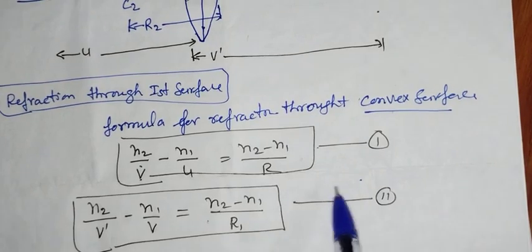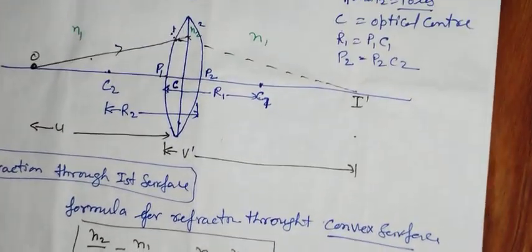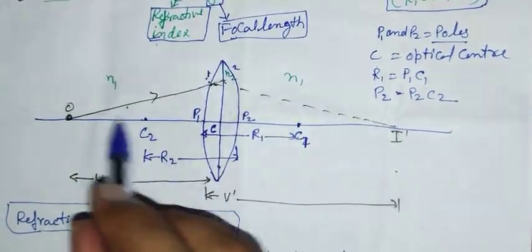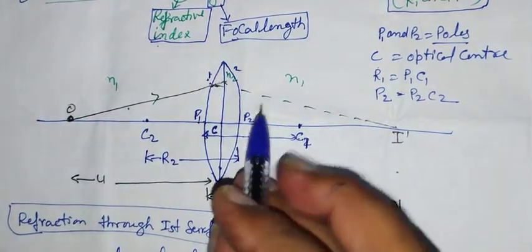Now see very carefully here. Here are two surfaces of the lens. The refraction is taking place only through the first surface.